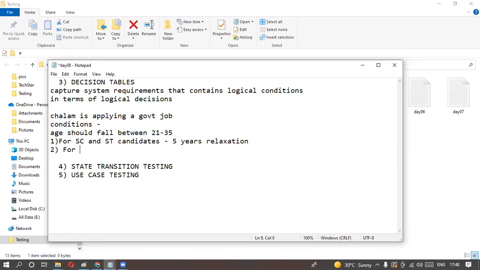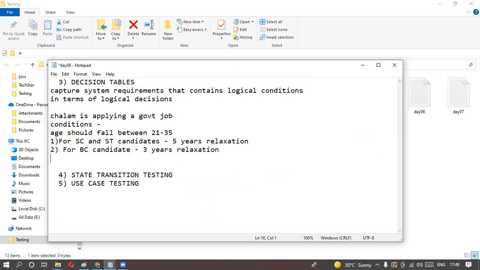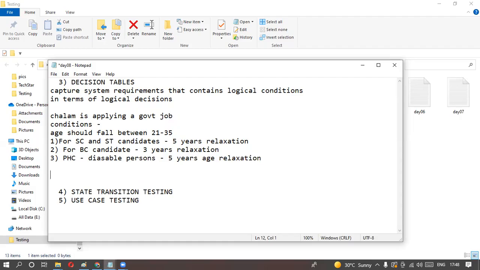For BC candidates, 3 years relaxation. For physically handicapped or disabled persons, 5 years is also relaxation. So these all are the conditions.